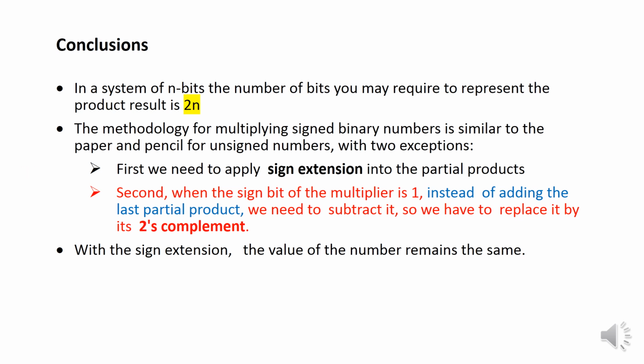First, we need to apply sign extension into the partial products. And second, when the sign bit of the multiplier is 1, instead of adding the last partial product, we need to subtract it, so we have to replace it by its 2's complement. And remember, with the sign extension, the value of the number remains the same.